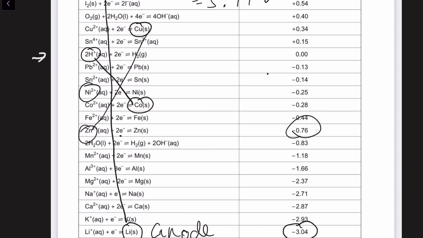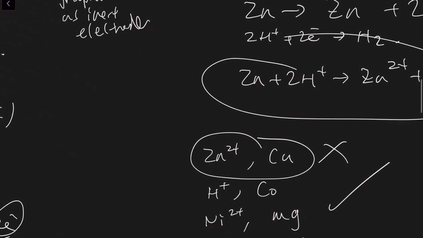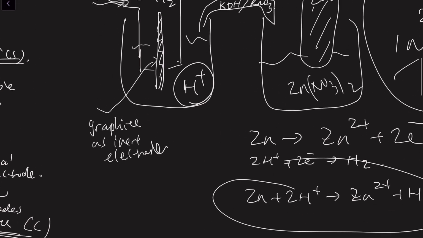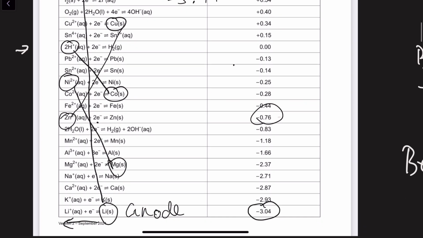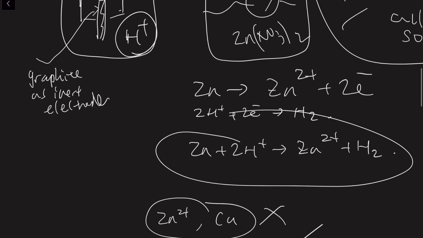A negatively sloped line. Reaction would occur. Lastly, let's look at zinc and magnesium ion, a positively sloped line, so the reaction would not occur.